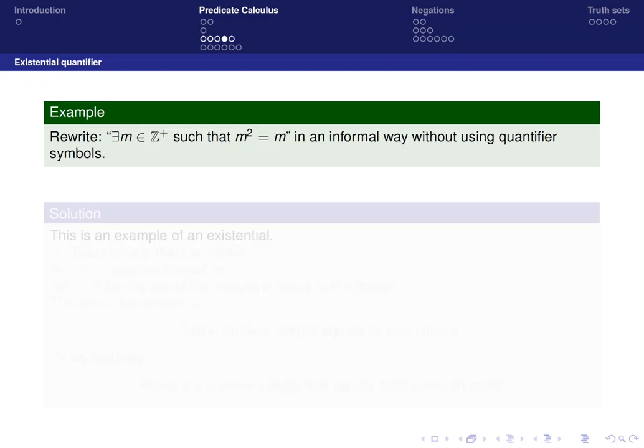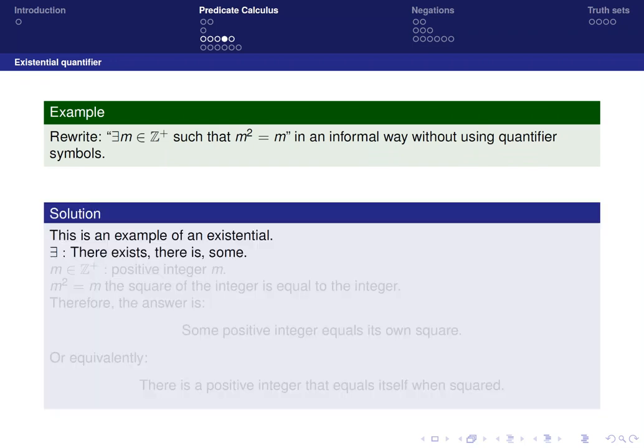Finally, let's try one more time to rewrite there exists m in Z plus such that m squared equals m, in an informal way without using quantifiers. Again, this is an example of an existential because of the words "there exists" or that backwards looking E. M in Z plus means that I'm dealing with a positive integer that we're calling m in this problem.